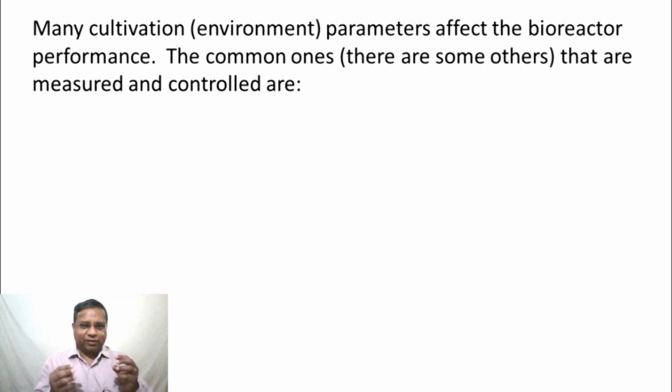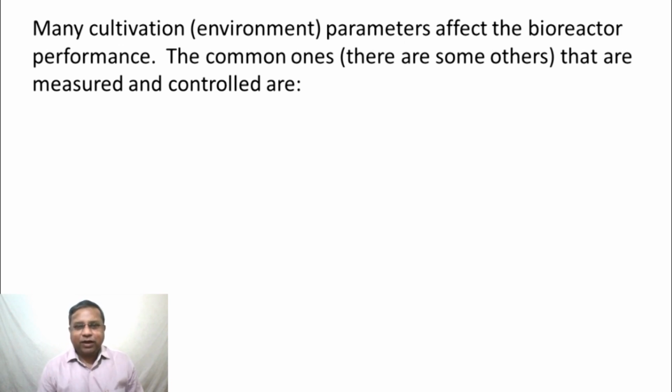We said that the cells are the actual factories that produce the product in the bioreactor. Therefore, the parameters that affect the cellular environment, the environment in the bioreactor of the cells, are called environmental parameters or cultivation parameters.